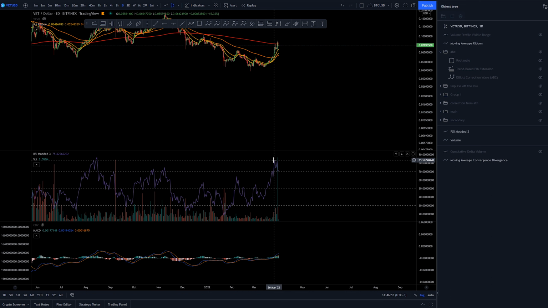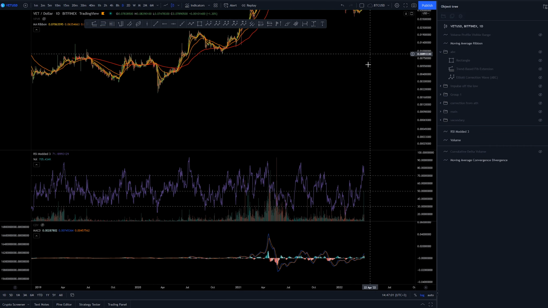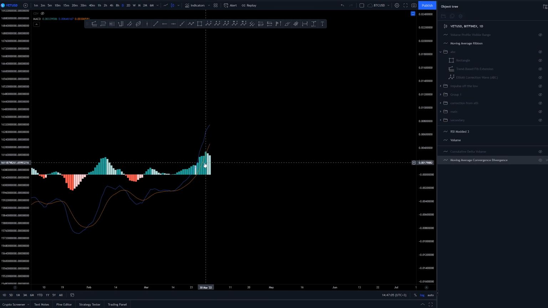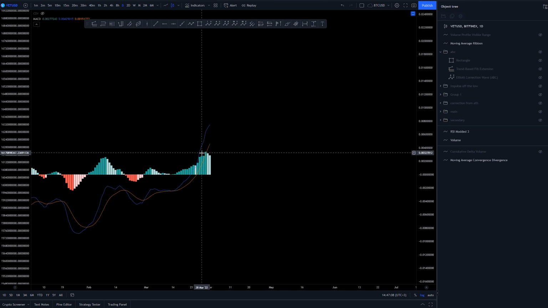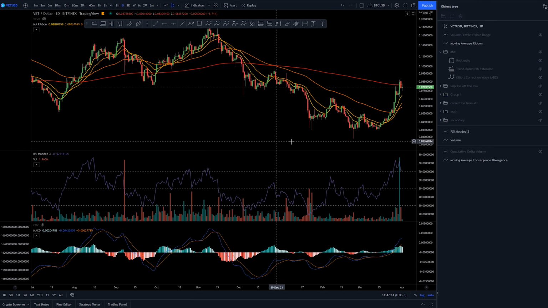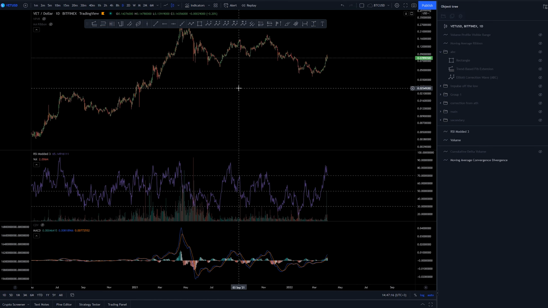On RSI we are pretty overbought, around 83 at the peak here, and on MACD we can see on the histogram that we are starting to head down as well. Now those are the basic ones that we're going to look at.